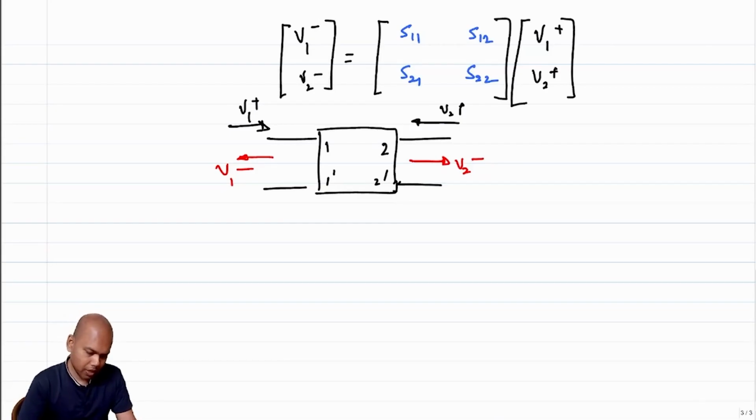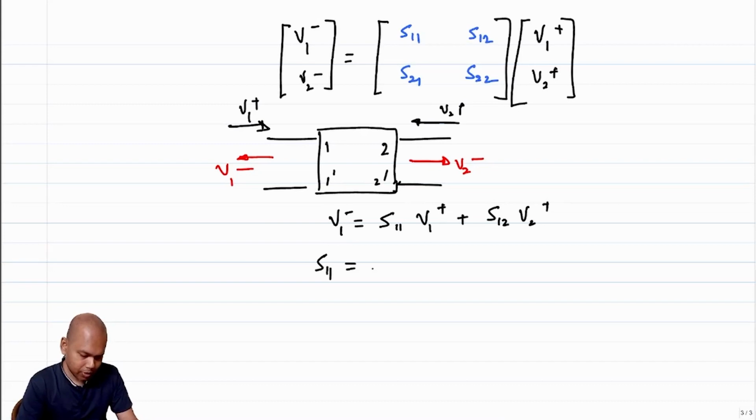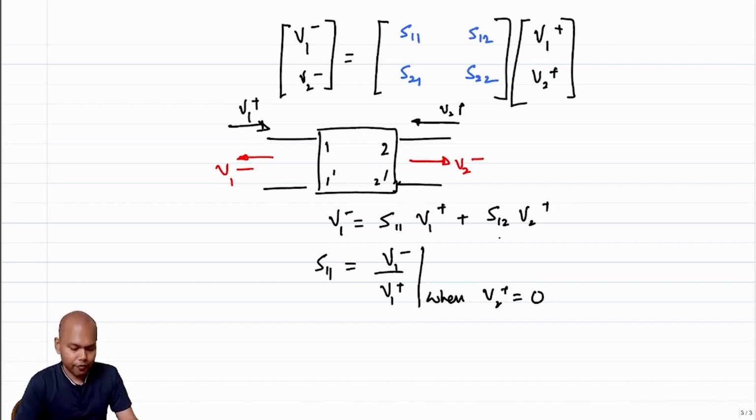So if I rewrite, V1 minus is equal to S11 V1 plus plus S12 V2 plus. So what is S11? I can say S11 is equal to V1 minus by V1 plus when V2 plus is equal to 0, right. So if I set V2 plus equal to 0, the ratio of V1 minus and V1 plus is essentially S11, right.